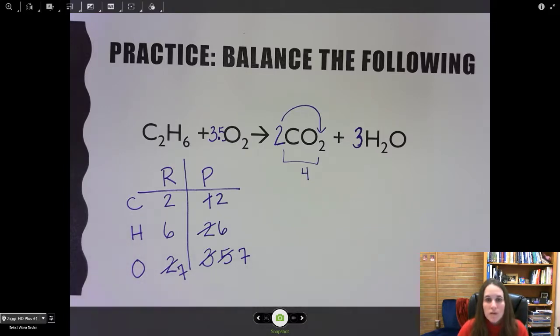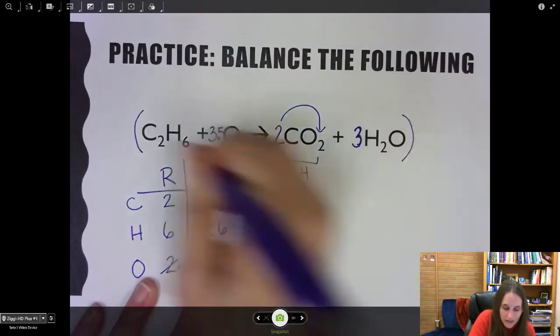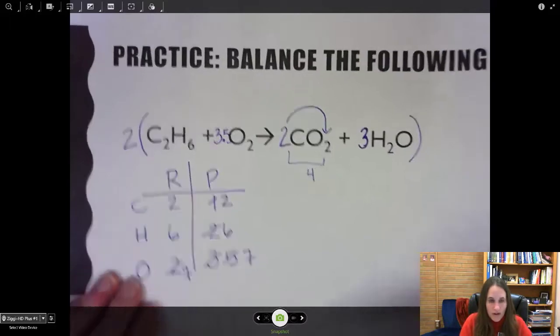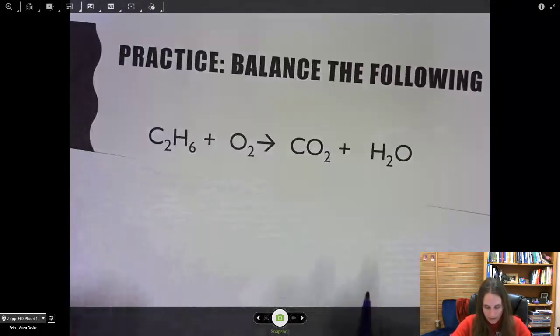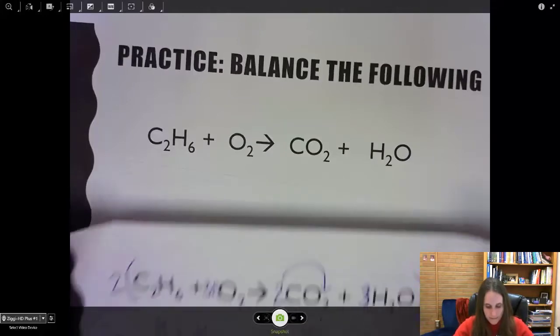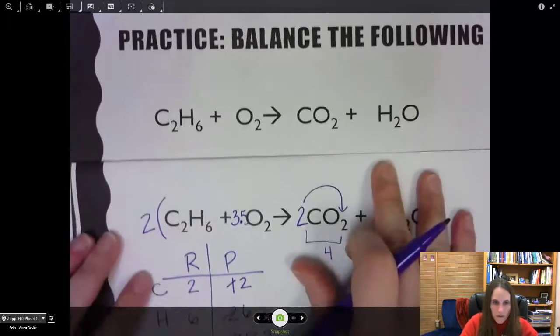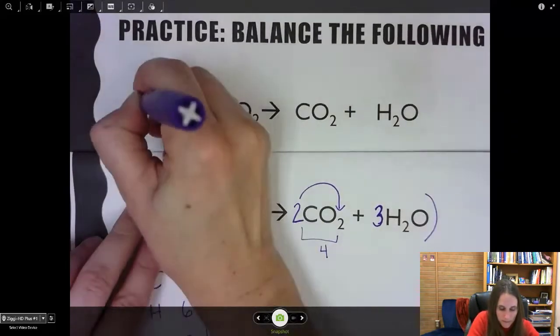We don't use half, but it helped me mathematically get there, because now what I'm going to do is I'm going to multiply the whole reaction by 2. So I've rewritten, I have the same thing again, but blank since I've written all over it. So 2, and my coefficient was 1.